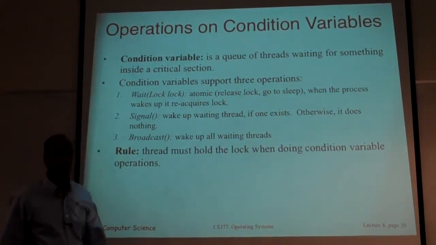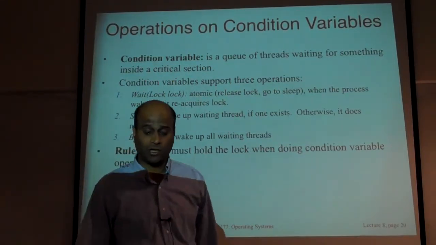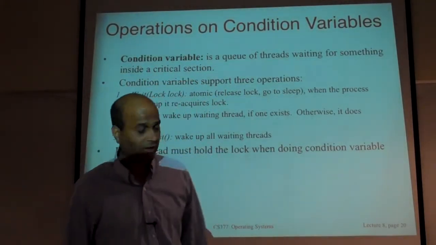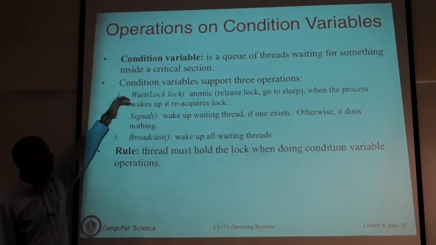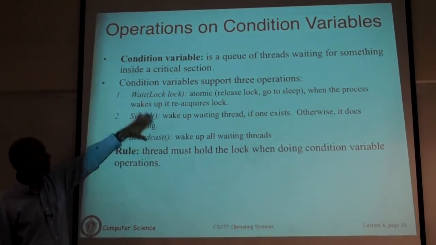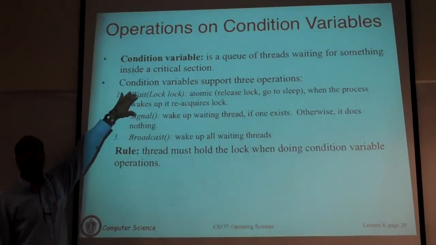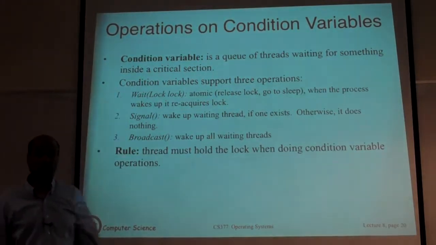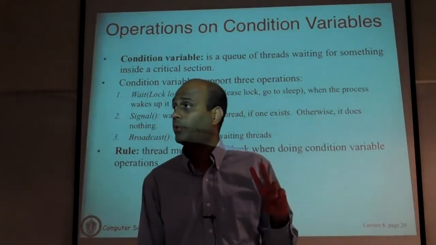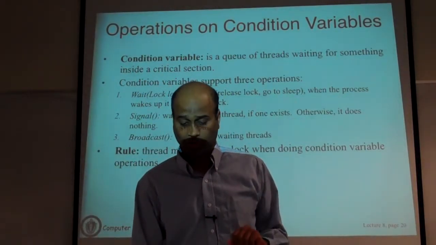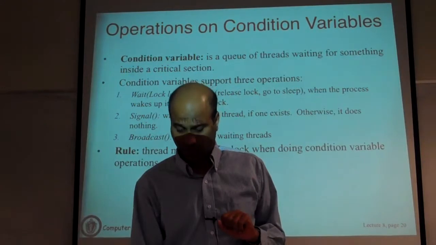You can do signal all or broadcast, in Java notify all, they all mean the same thing, which wakes up all sleeping or waiting threads. So three methods. Wait and signal are very similar to what you have seen in semaphores, the same operations we saw in semaphores, also present on condition variables.